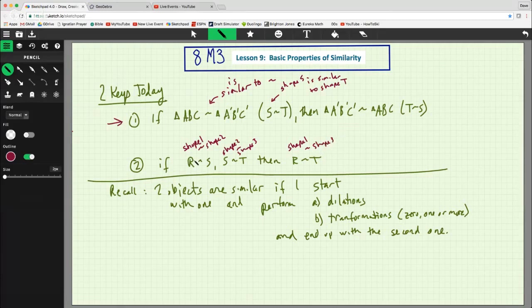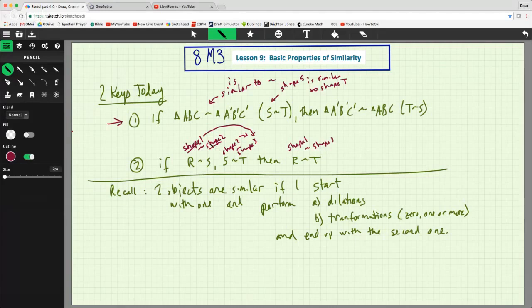That should make sense, because if we take a shape and do some rigid transformations and dilations on it to get to shape 2, and then do some transformations and dilations on shape 2 to get to shape 3, then we should be able to do some set of transformations and dilations to get from shape 1 to shape 3.